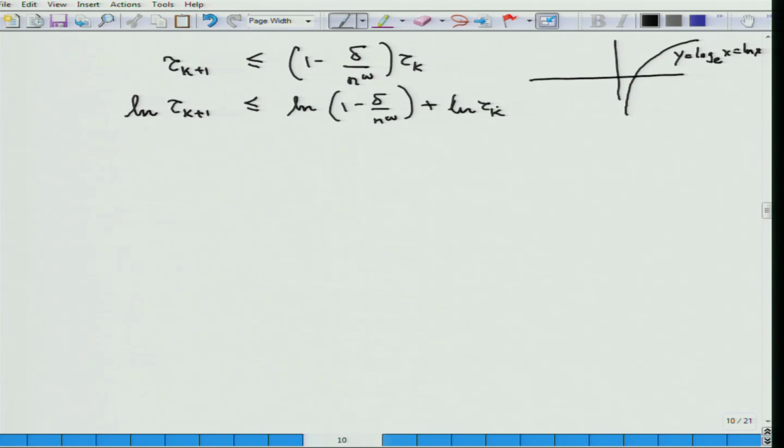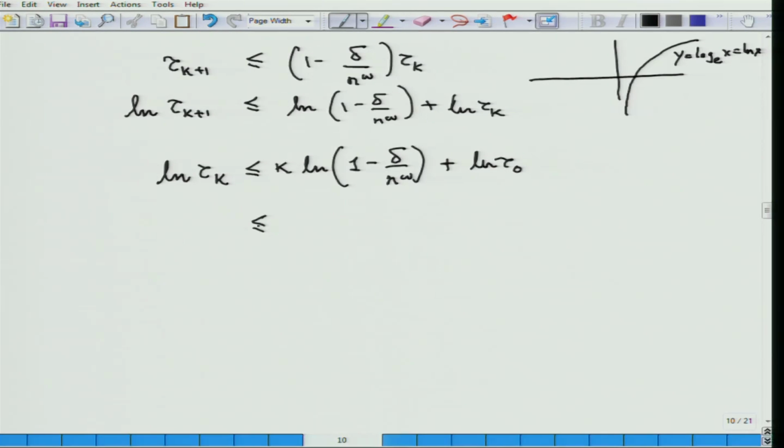This is what you have. Now, if you repeatedly apply this formula, log tau k is again less than 1 minus delta n omega tau k minus 1, and so you repeatedly apply. So, if you do that, you will get a general formula of this form, that log tau of k is less than equal to k times log 1 minus delta n omega plus log tau 0.